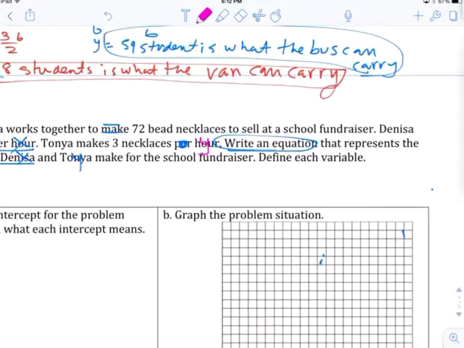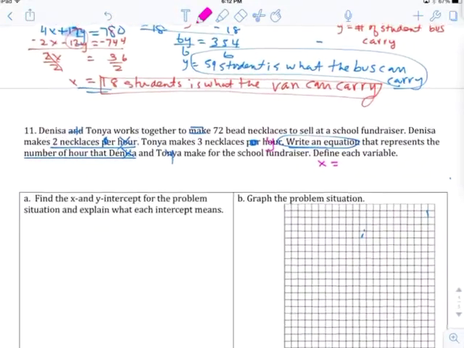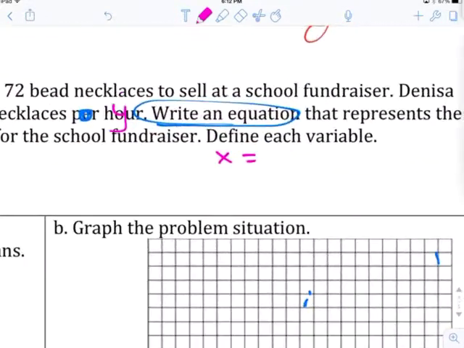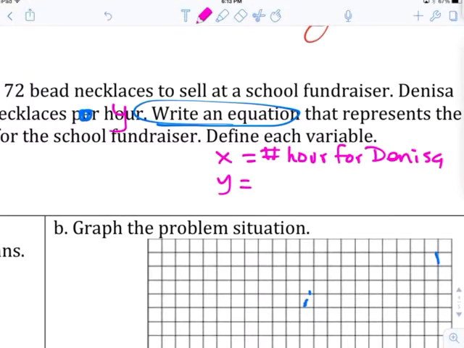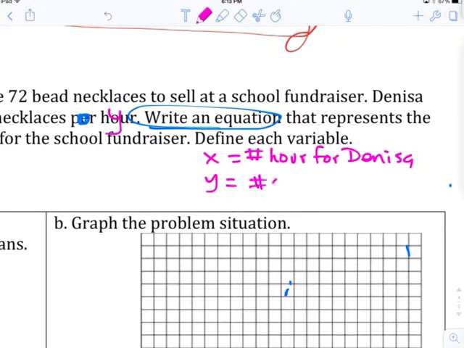So X represents, define the variable, X represents the number of hours for Denise. Y represents Tanya's number of hours for Tanya.